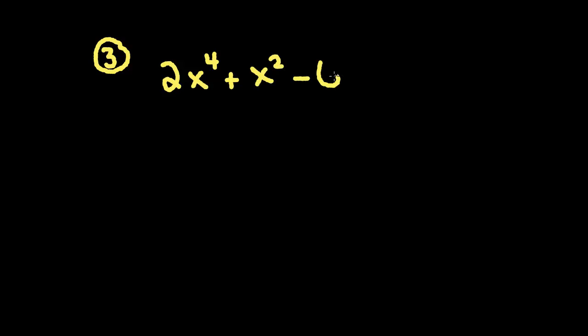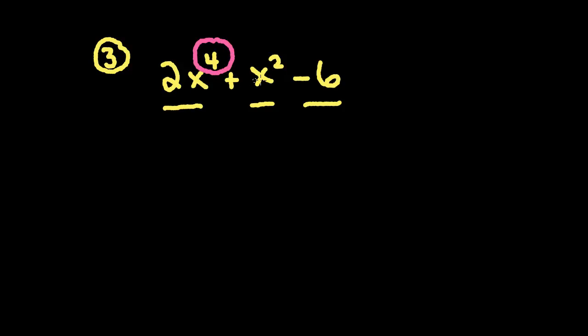Now the third possibility is when you see something like this. 2x to the 4th plus x squared minus 6. Now there's still 3 terms, 1, 2, 3, but the power on your first term is not a squared power.